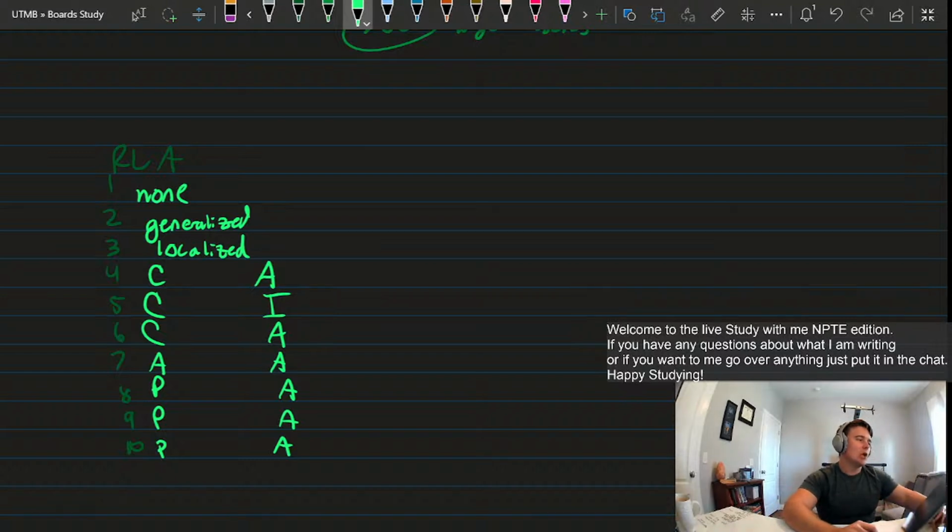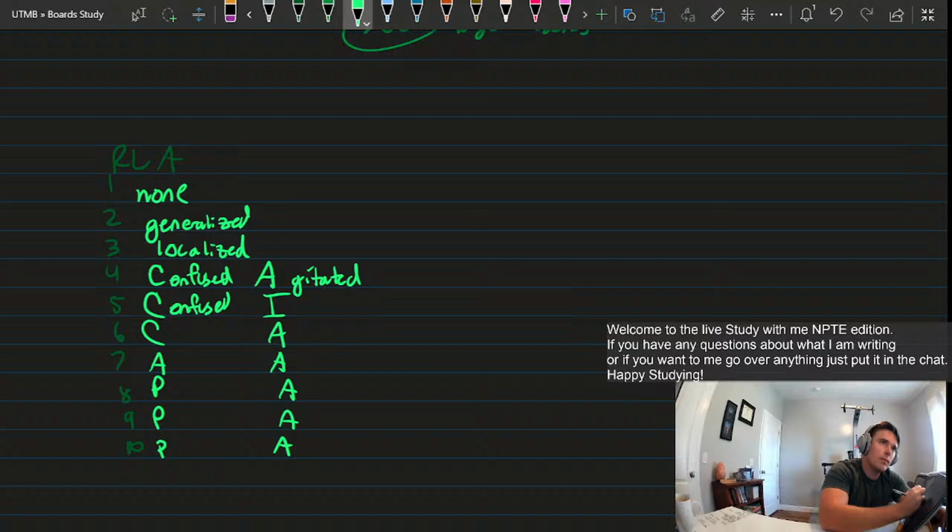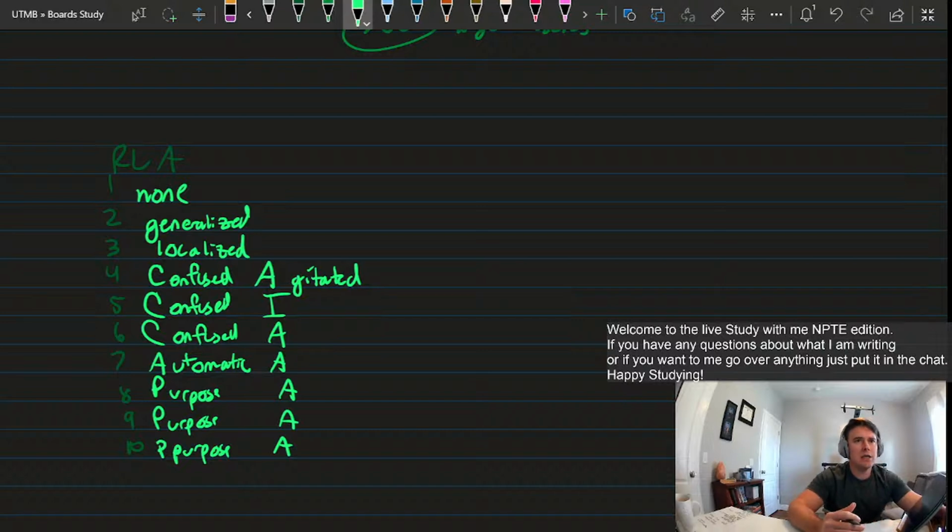So no response on 1, 2 is generalized response, 3 is localized response, so we're good so far. Then this is going to be confused. See what they need and stuff like that. So the next 3 are all confused. And it kind of just keeps going.